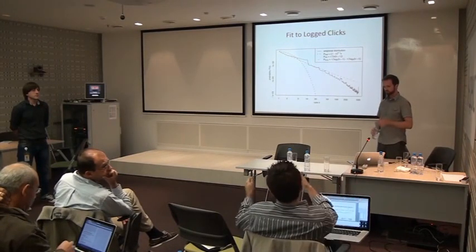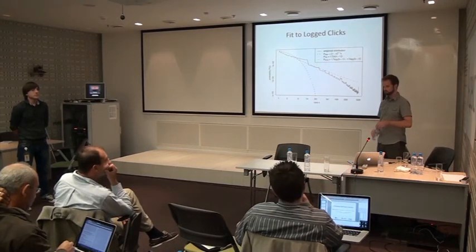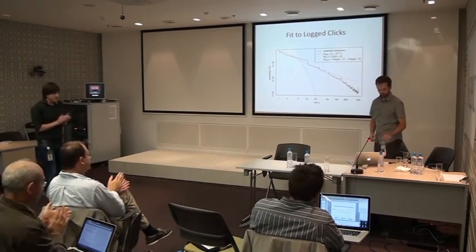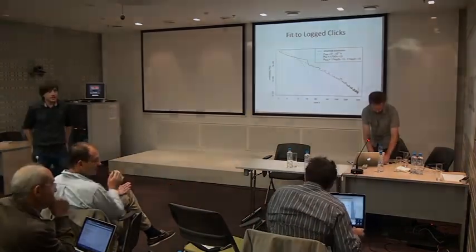So the takeaways here are that the M2 family seems to be most robust to changes in relevance assessments, followed by M3 after we remove this outlier. The fatter tail distributions appear to be more robust.